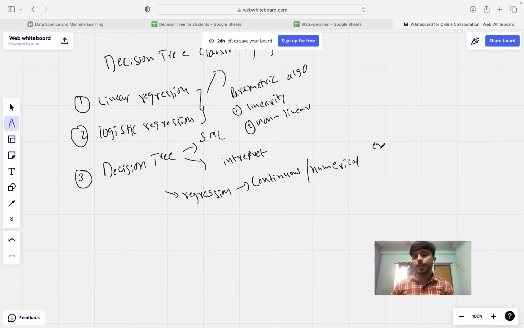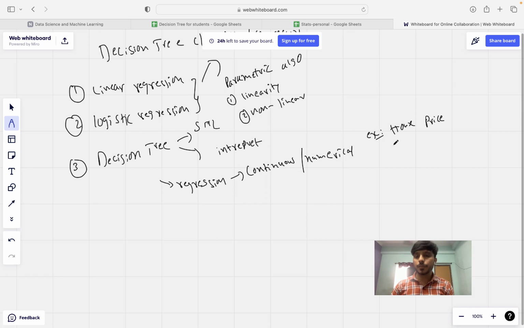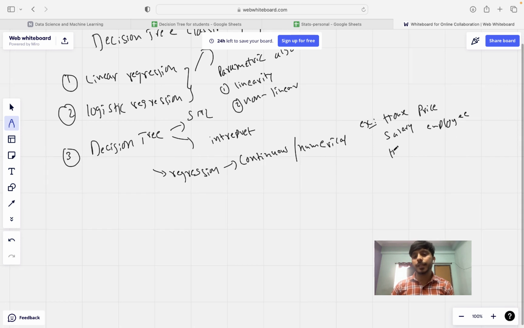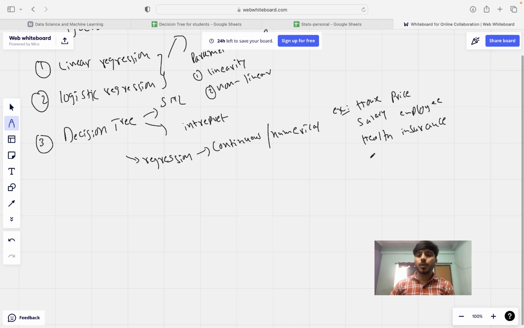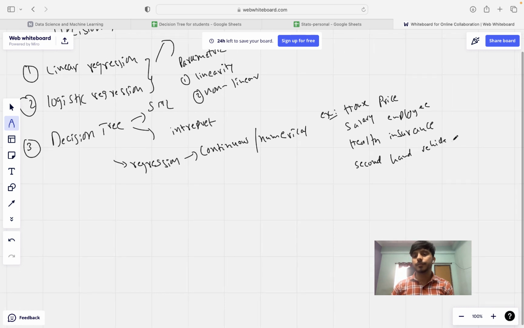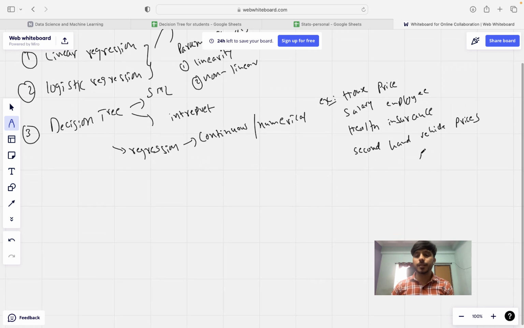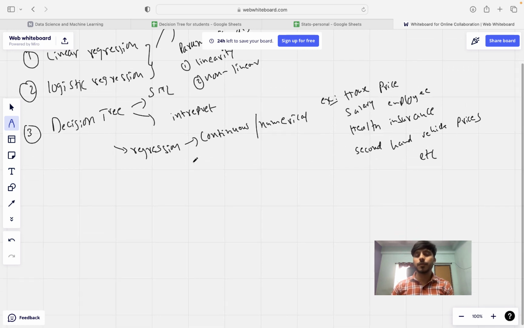Examples are if you are trying to predict the house price, or the salary of an employee, or the health insurance amount of a customer, or second-hand vehicle prices, etc. All these problems are of regression.